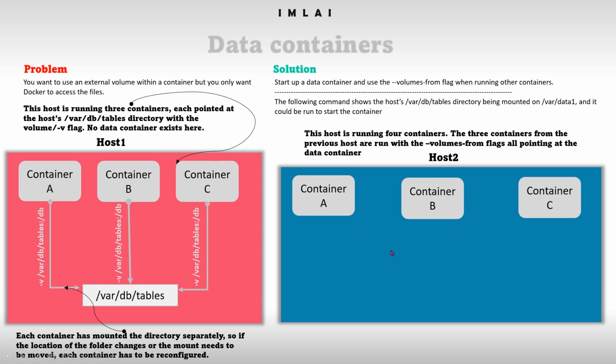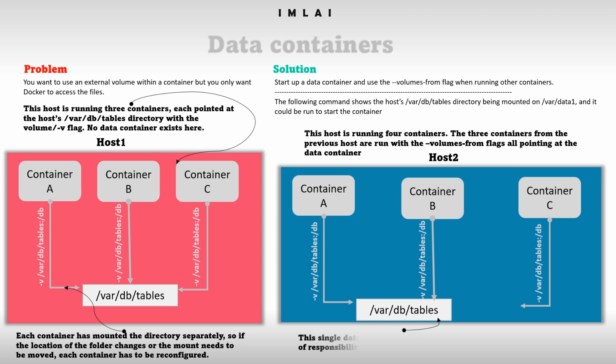But here we are using the volumes-from option. This is the initial one, similar to this. Now the problem here, everybody knows: if the location of the folder changes or the mount needs to be moved, each container has to be reconfigured. So how do we solve this?